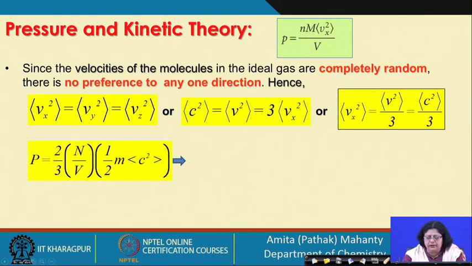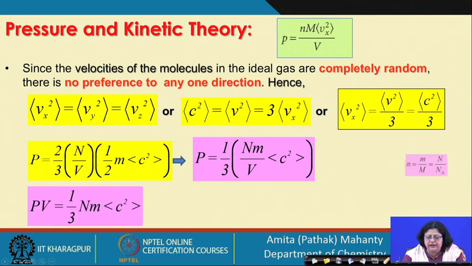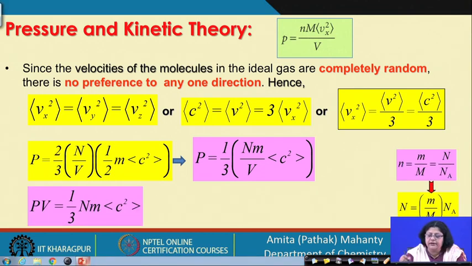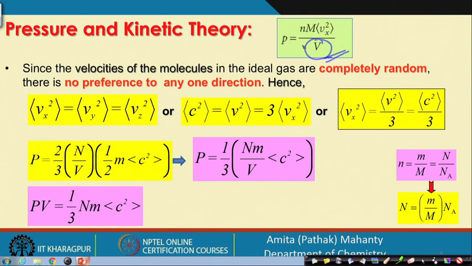The slide which we ended with in the last class was where we had given the expression of pressure, where this V was the total volume of the cubicle in which the gas was enclosed. This was the number of moles of the gas, and this was the molar mass of the gas which we had used.